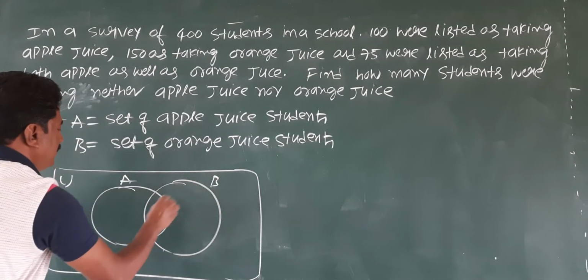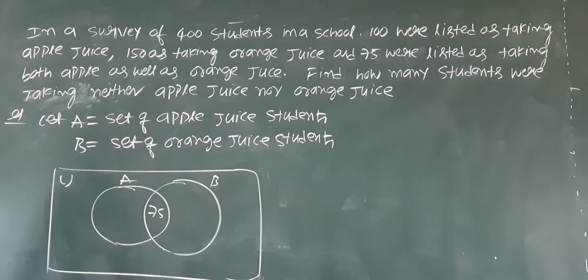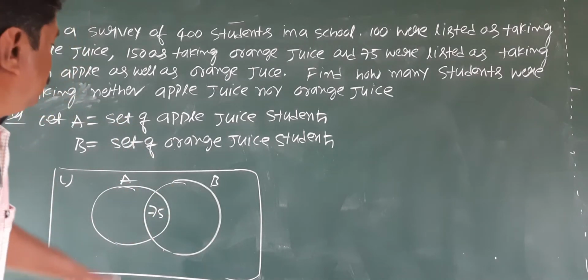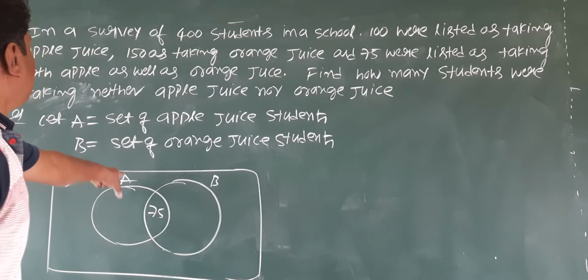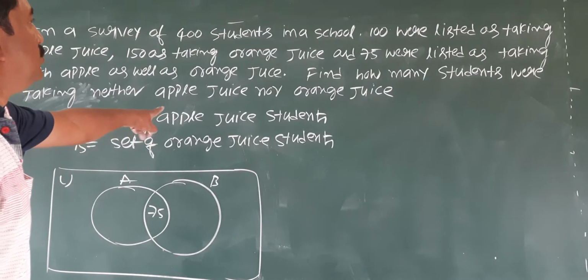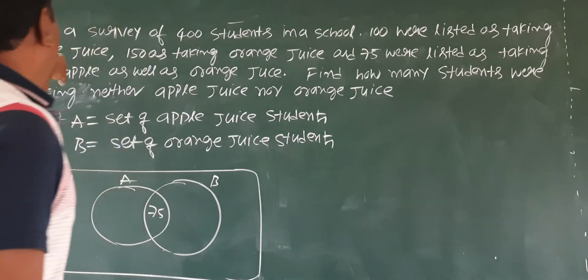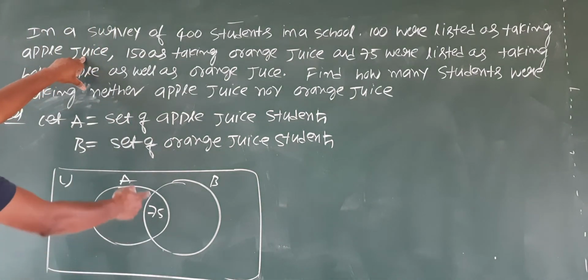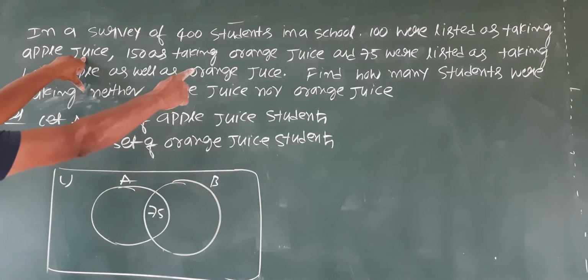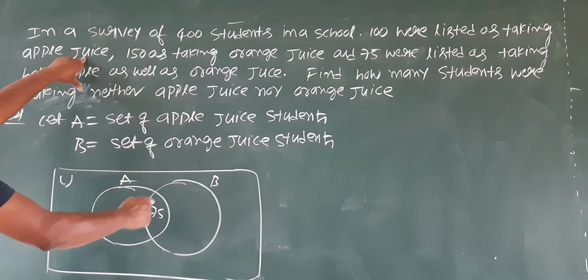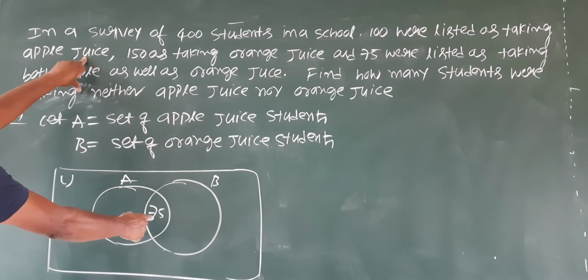So write 75 in the intersection. Total number of elements of set A, apple juice students, is 100, but already 75 is written in that 100.